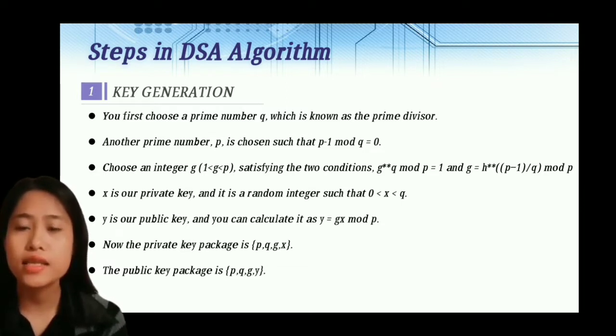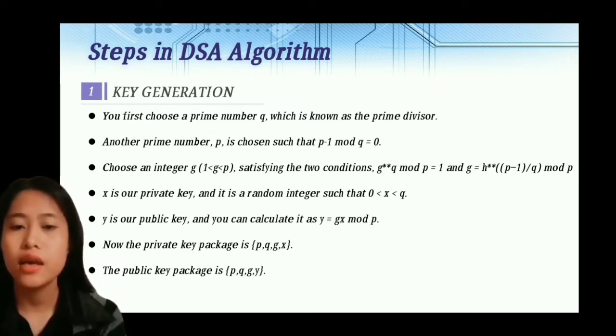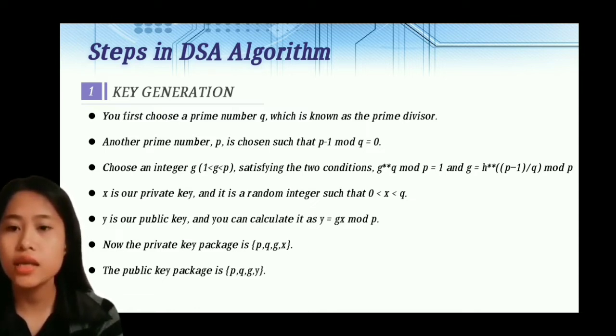So x is our private key and it is a random integer such that 0 less than x less than q. y is our public key and you can calculate it as y equals g^x mod p.